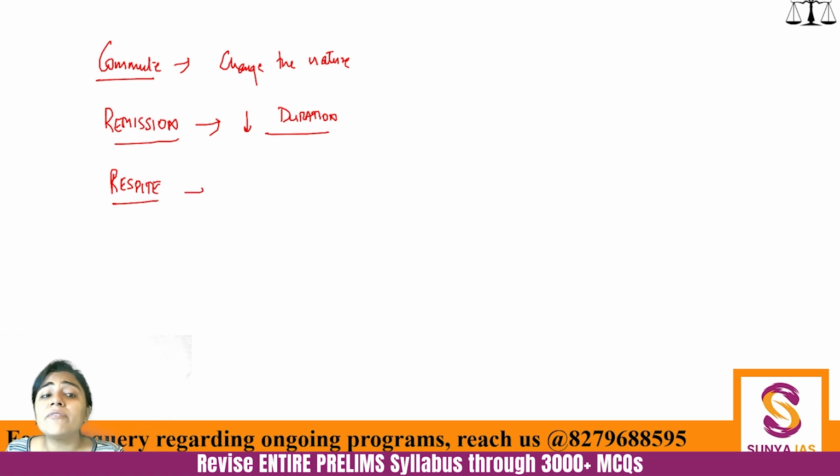Then there is respite. When do you take just a breath of respite? When you wanted to do something and now you will be able to do it. For example, when you clear prelims, it will be like a respite for you. That it's the very tough part, the biggest eliminator is over. Okay. So respite means that the sentence is reduced because of some special reason.